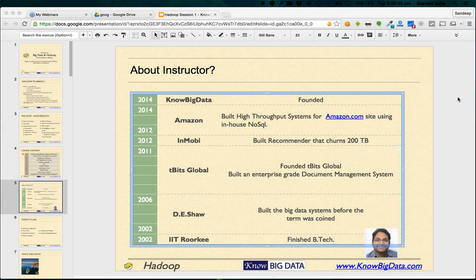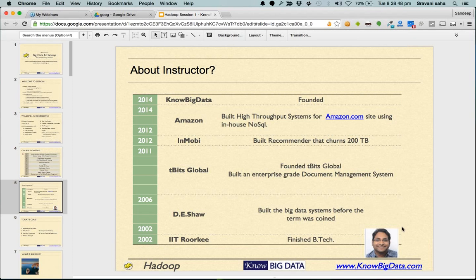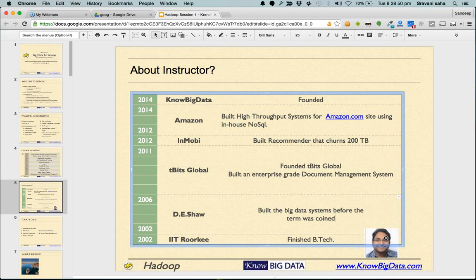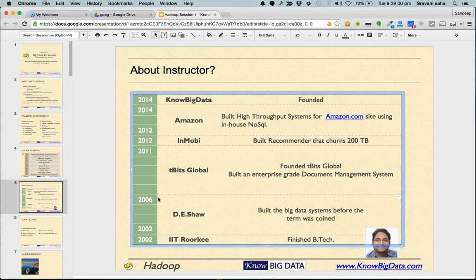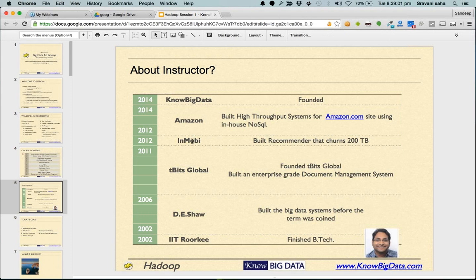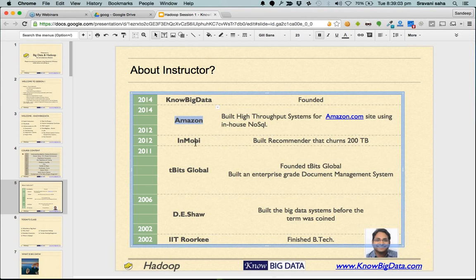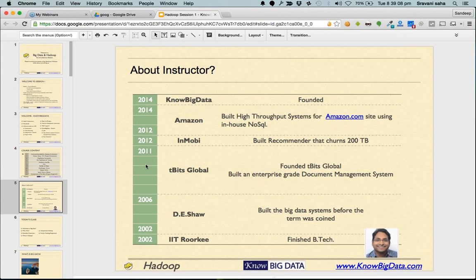Next, I founded a company called Tbits Global. Tbits Global is in document management systems, and it was an enterprise class document management system capable of handling huge data sets. Afterwards, I joined InMobi and then Amazon. At InMobi and Amazon, I worked mostly on big data projects.